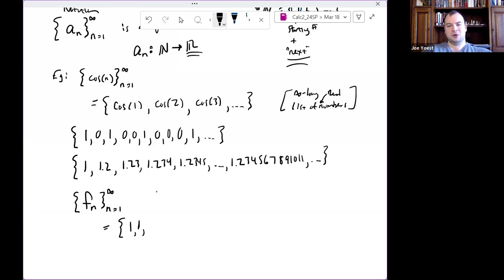We start with 1, 1 as the first two elements. And then we get the next element by adding the previous two. So 1 plus 1 is 2. 2 plus 1 is 3. 3 plus 2, 5. 5 plus 3, 8. 13, 21, and so on.